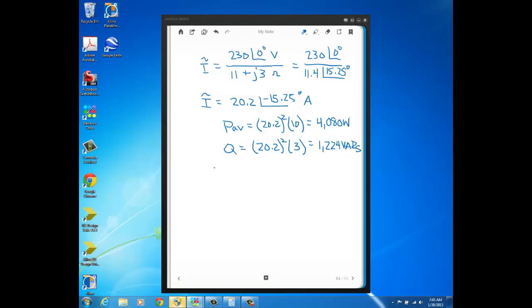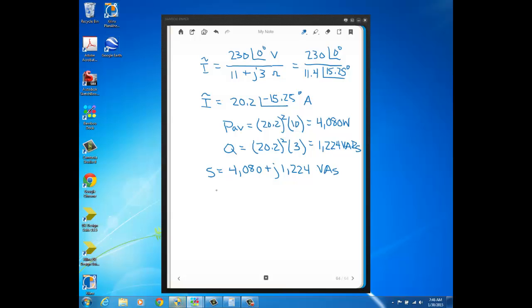So now S, the complex power, is just P average along with Q, the units being VAs, volt amperes.